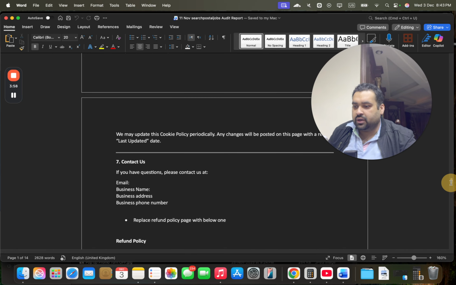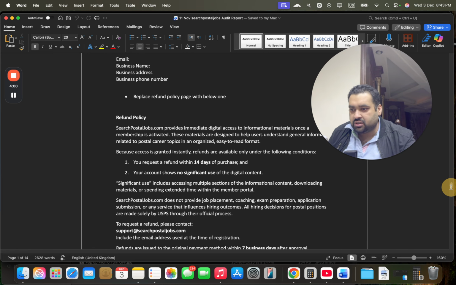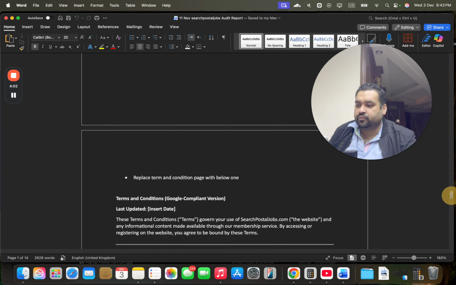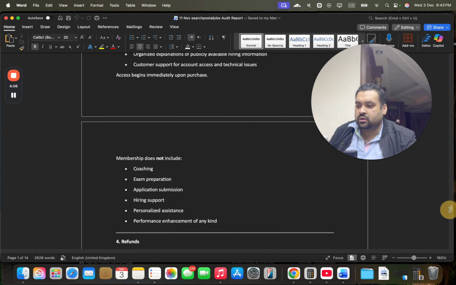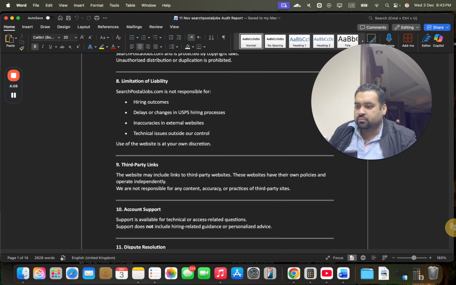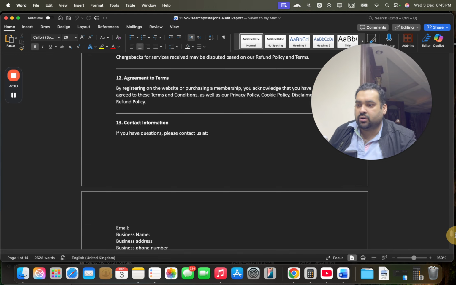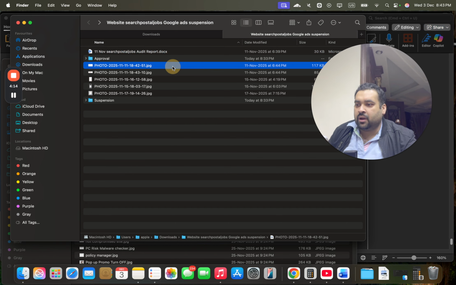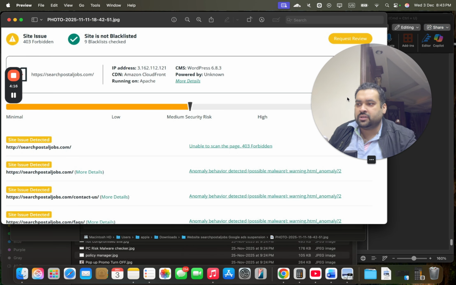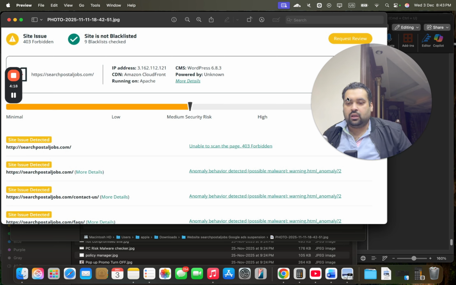A few things over here need to change. Refund policy page, terms and conditions page, which is a Google-compliant version, and a few things were suggested to be added to the website.